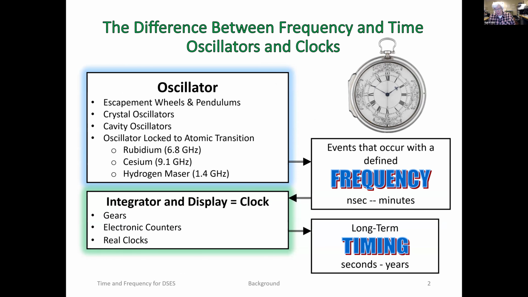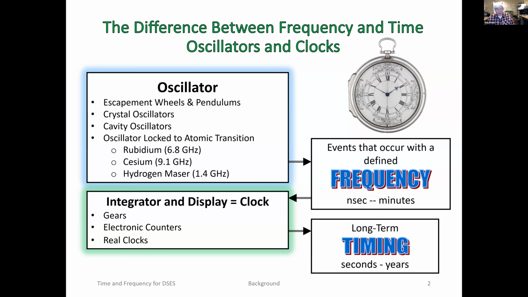So time and frequency are often misunderstood, and that's for good reason. Time and frequency are very closely related, and you generally have some sort of an oscillator. That oscillator might be wheels and pendulums, or crystals, or cavities, or atomic clocks, or for that matter, pulsars are very good oscillators, some of them anyway.